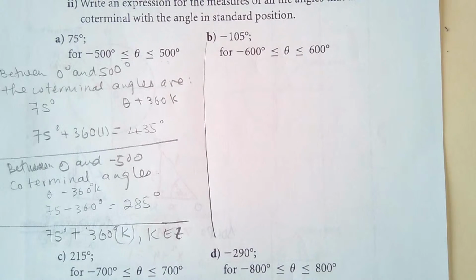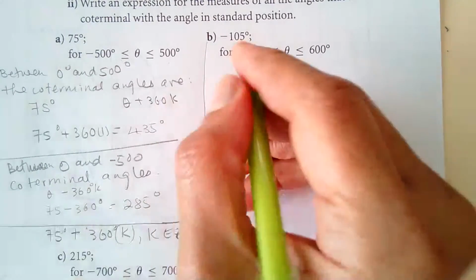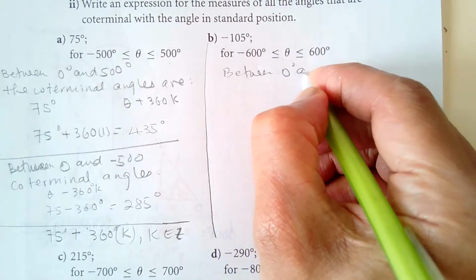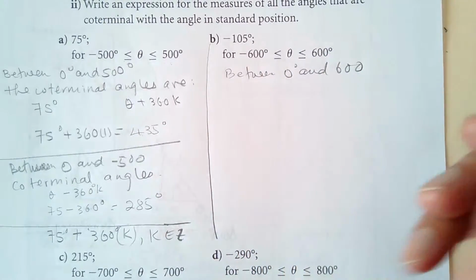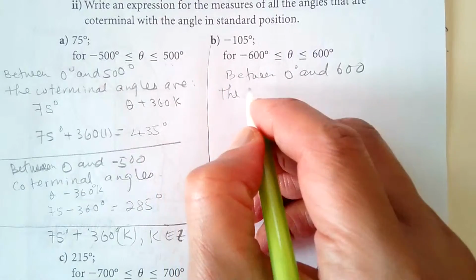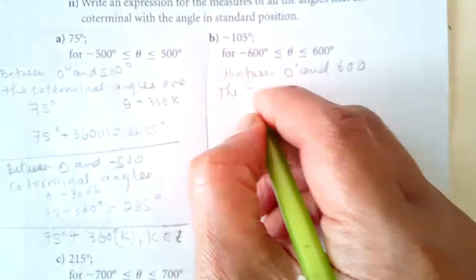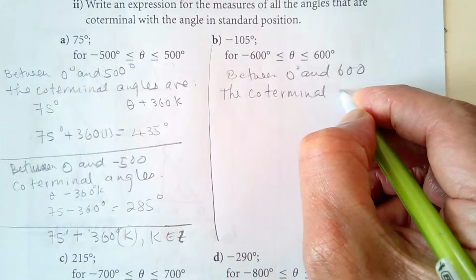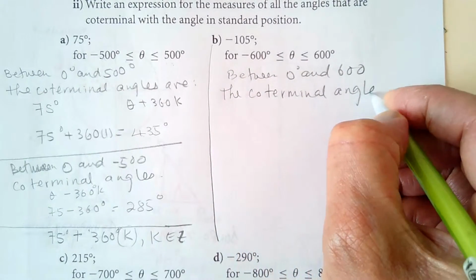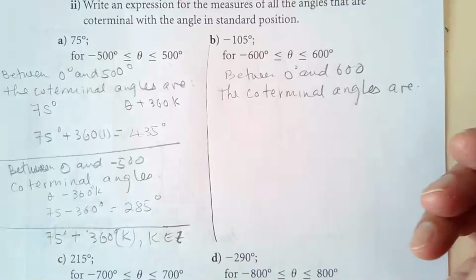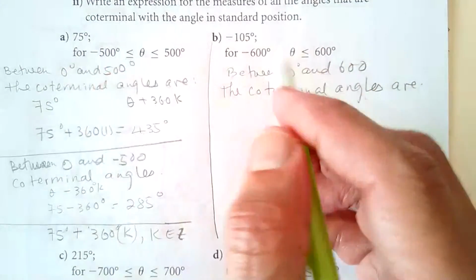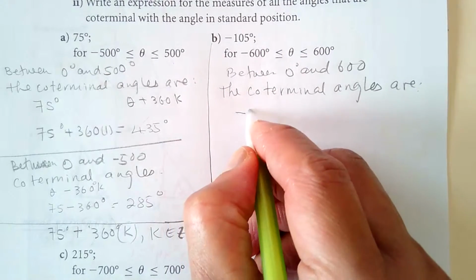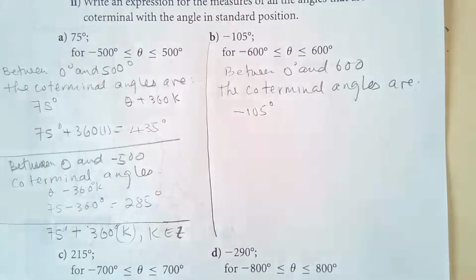Next is negative 105, so let's go between 0 and 600. So the coterminal angles are... we're looking at negative 105 degrees for the first one.